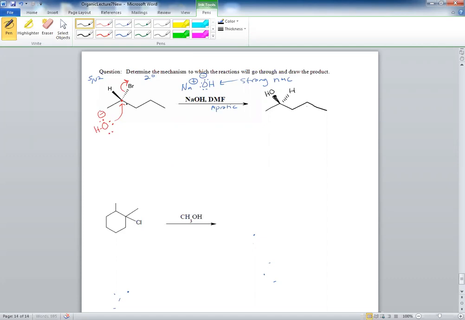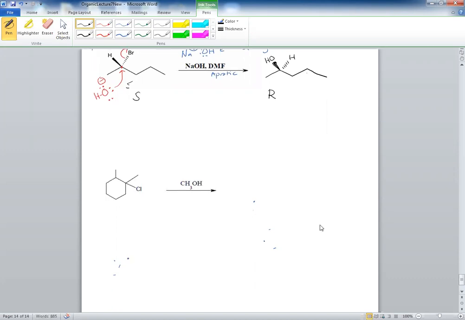So whatever you started with here, if this were R, this is S. This now would be the R configuration. And of course, you would name it. Now let's go to the next one.